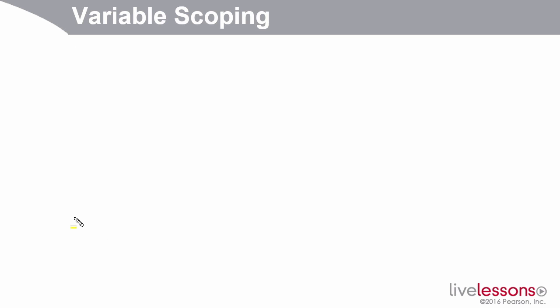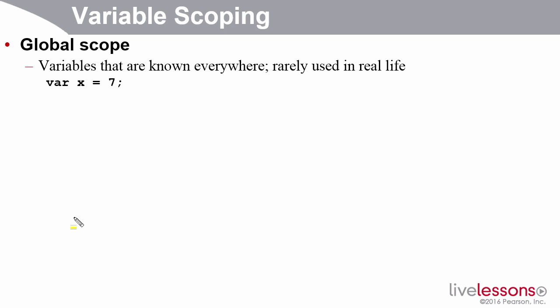One of the things that people talk about a lot in other programming languages is the scope. Now, this is a little bit confusing, and it's not that important that you have a firm handle on that now. But the idea of scope is, where can a variable be seen? If you define a variable called x just at the top level of JavaScript, you just type it in, then that variable is known everywhere.